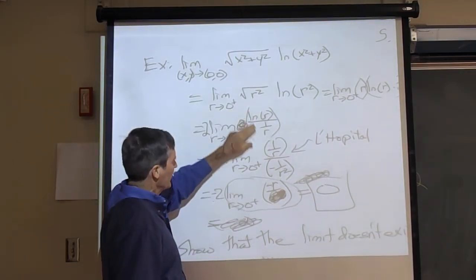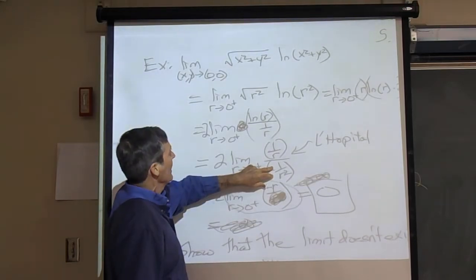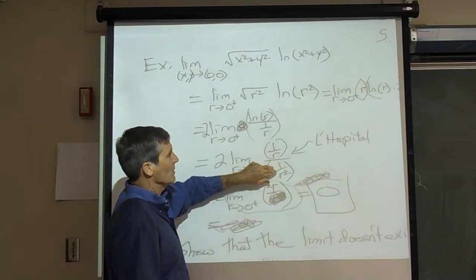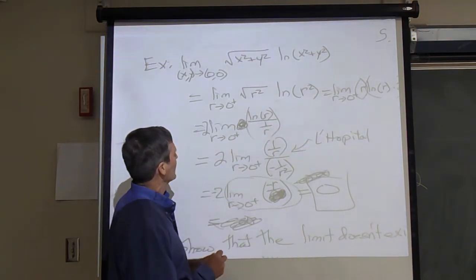If we take the derivative of the top over the derivative of the bottom, that's L'Hopital's rule, and the limit exists as a finite number, or is infinity or minus infinity, then that's the same as the limit of the original function. So let's take that.